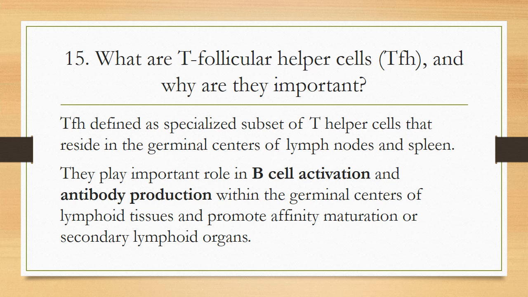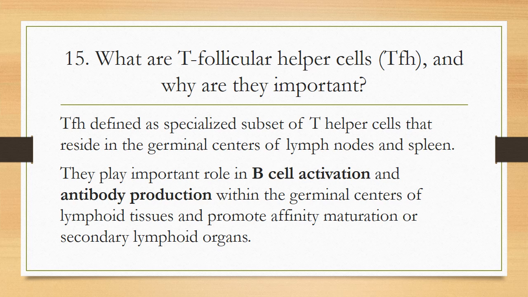So the question here was what are T follicular helper cells and why they are important. Actually, a T follicular helper cell can be defined as a specialized subset of T helper cell that resides in the germinal center of lymph node and spleen. As we have seen, T helper cells play an important role in activation of B cells and antibody production.